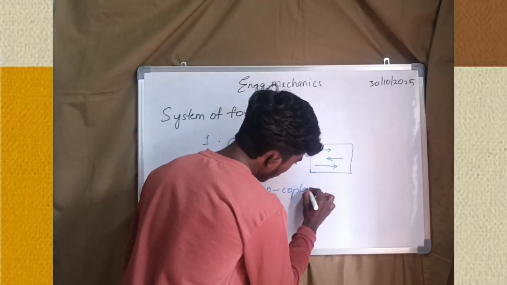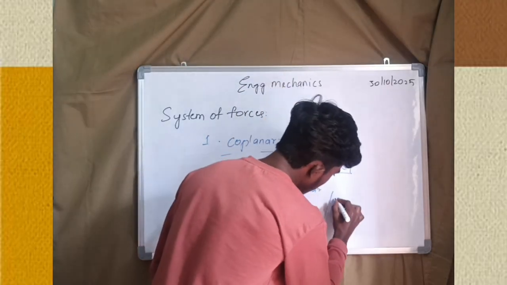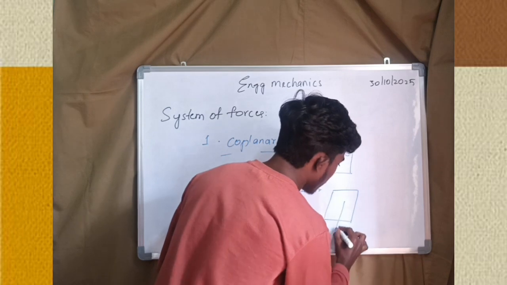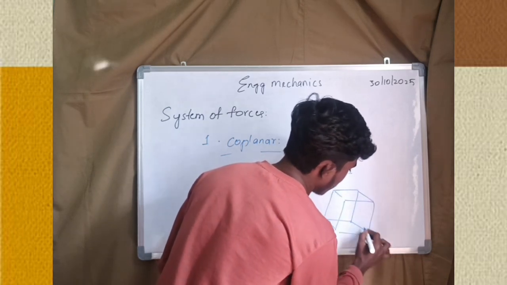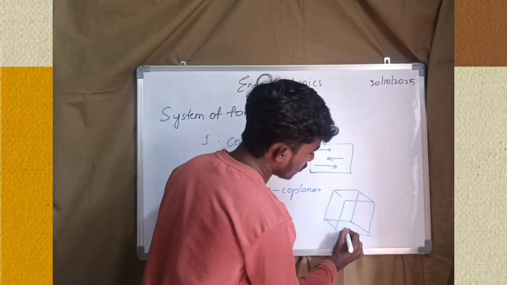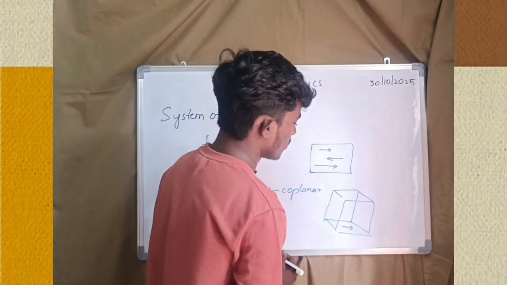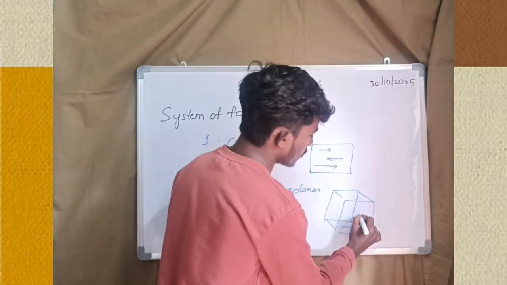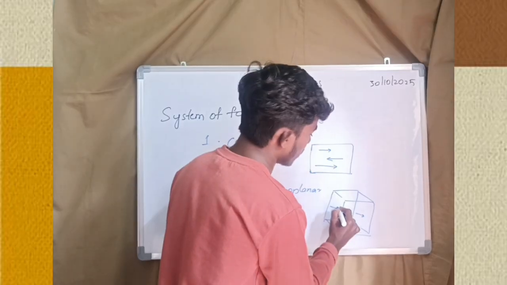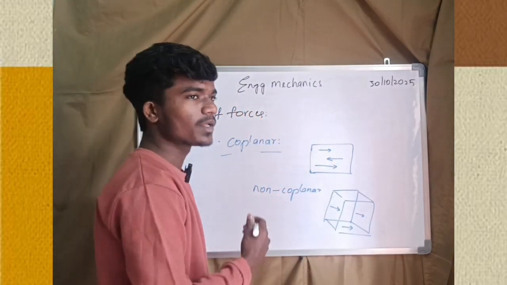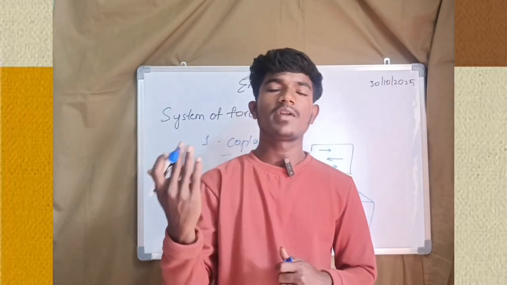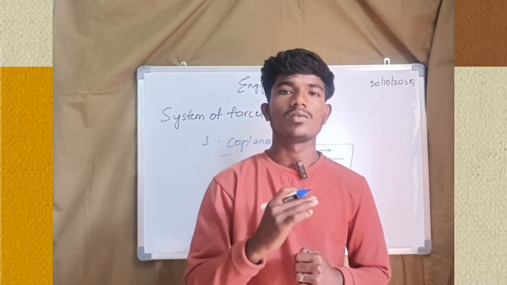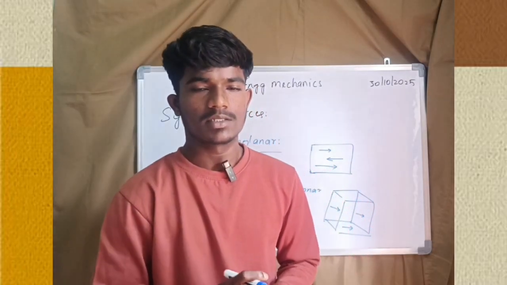Non-coplanar forces are the forces whose lines of action are in different planes. For example, one force is acting on the bottom plane and another force is acting in this plane, so the forces are acting in different planes. These are termed non-coplanar forces.